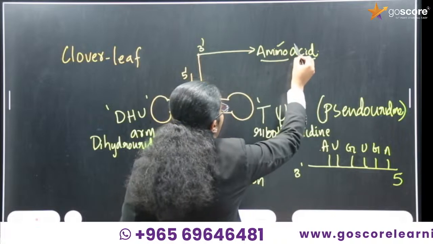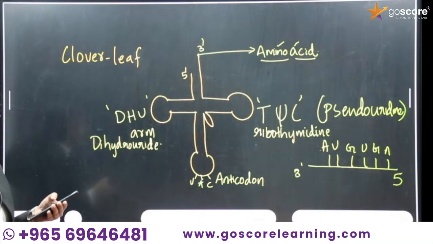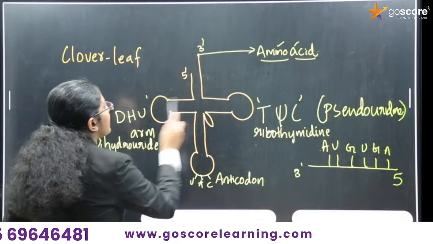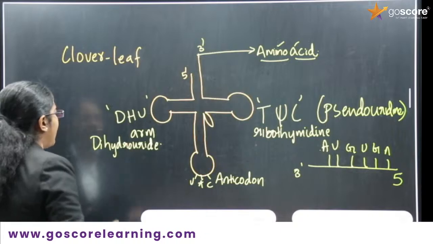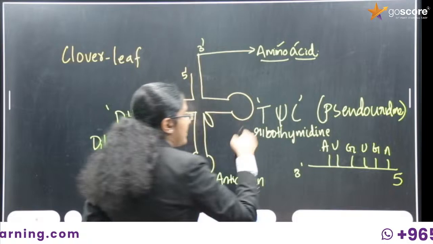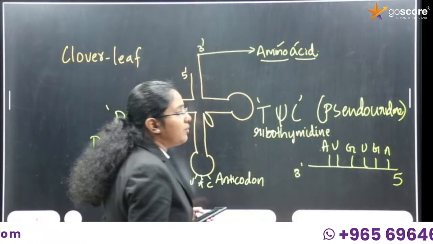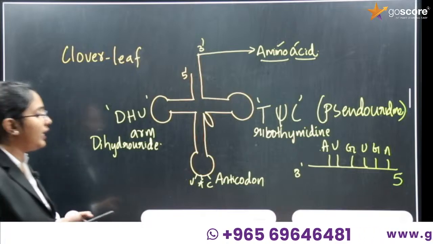It has the amino acid end, known as the amino acid attachment site. Then in the DHU arm there is dihydrouridine. In the T-psi-C arm, it is also present with pseudouridine or ribothymidine. So that is the structure of tRNA.